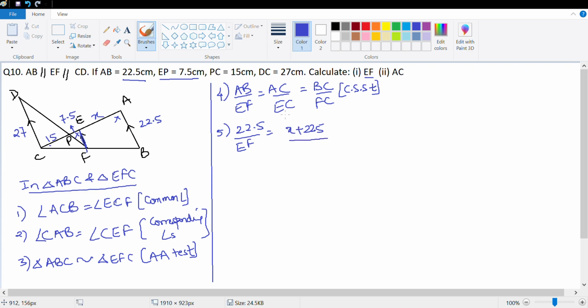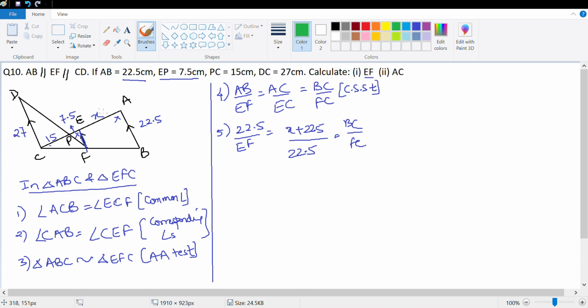Yes, and EC is 22.5. BC, which is the big line, I don't know. FC, I don't know. Okay, so BC upon FC. But I have two variables here, so I don't think I'm getting my answer yet from here.